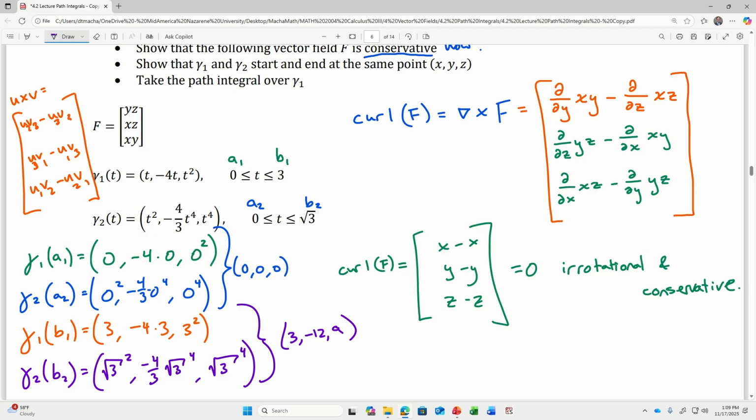The next thing I want to do is take the path integral over gamma 1. So let's integrate that vector field capital F over the gamma 1 path.